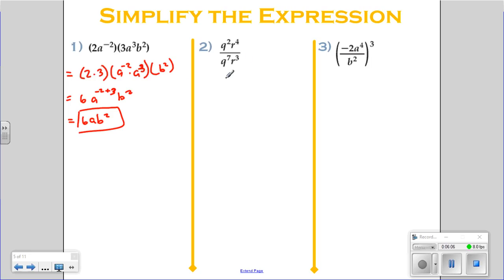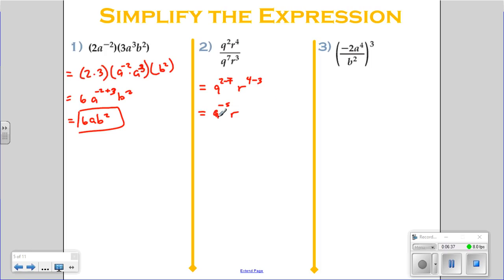All right, on the next one, it's a division setup. So I know for q, it's going to be 2 minus 7. Again, the top number always comes first. And then for r, it'll be 4 minus 3. Q would give me a negative 5 for my power, and r would give me 1.